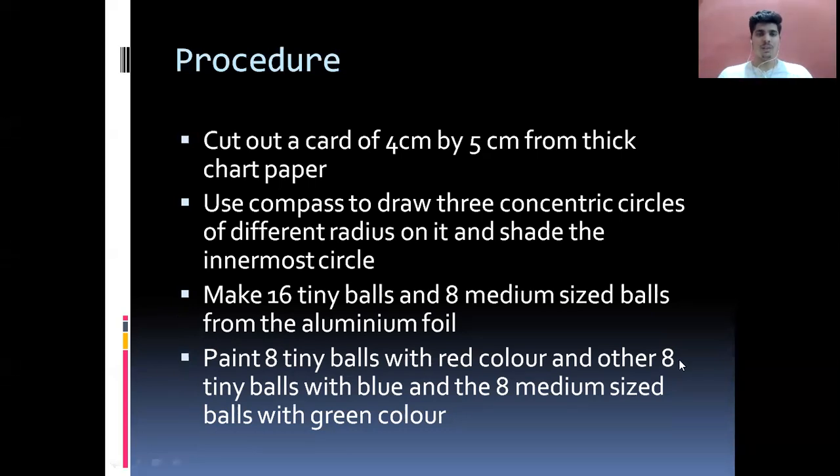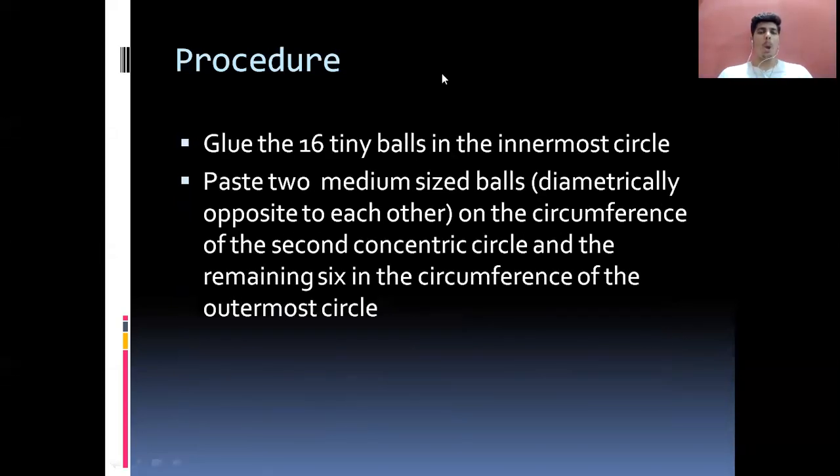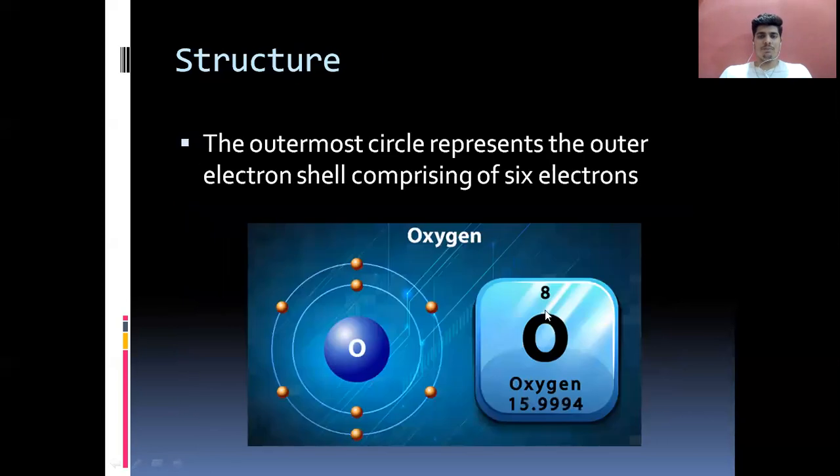Let us see what is next. Glue the 16 tiny balls in the innermost circle. Paste two medium sized balls diametrically opposite to each other on the circumference of the second concentric circle, and the remaining six on the circumference of the outermost circle. By this, we have made the structure of oxygen.